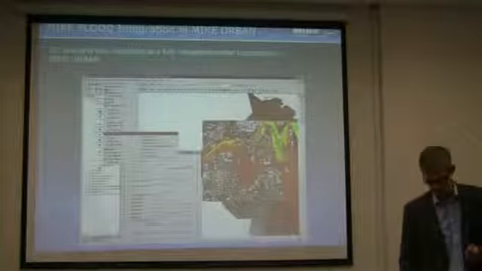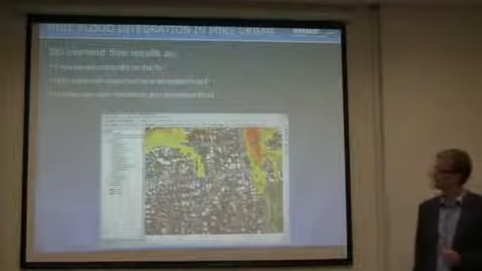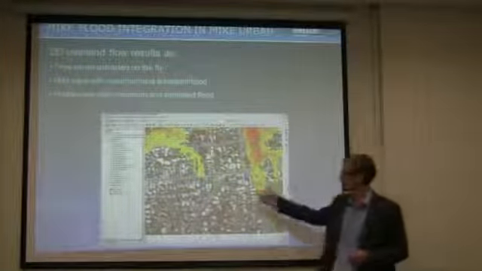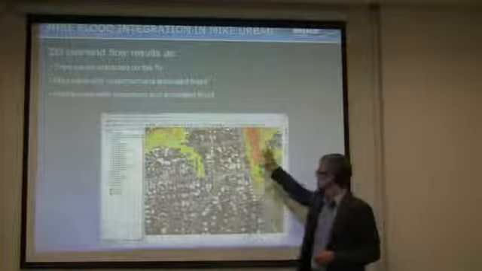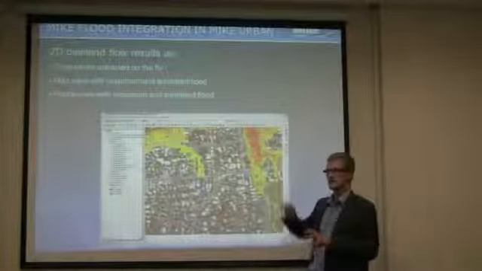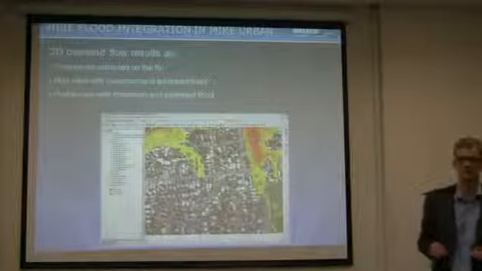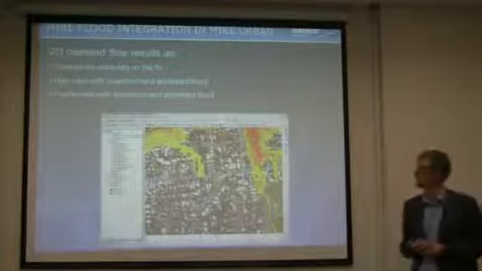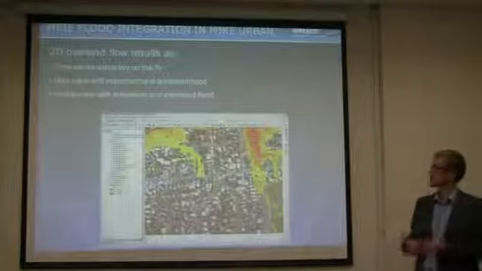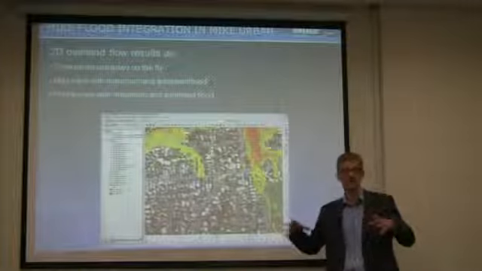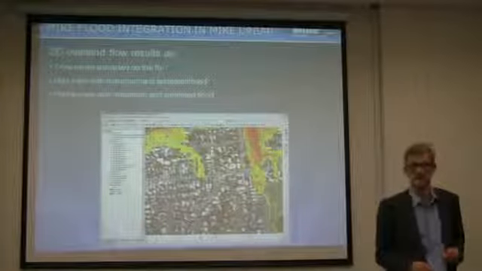fully integrated within this MicUrban package. And the typical results that we will see from that is, well, we can look at time series at individual points, but of general interest typically is to see the maximum flood extent. So for a certain rainfall storm event, we let the model go and we see where we have water coming on the surface and eventually how large areas are actually being affected.